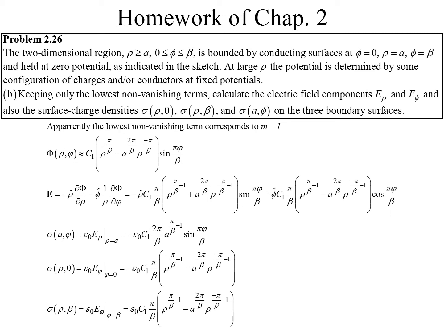So we just calculate, and the field equals minus the partial derivative of phi with respect to the coordinate. The surface charge density we have calculated several times, so there's nothing more to it.